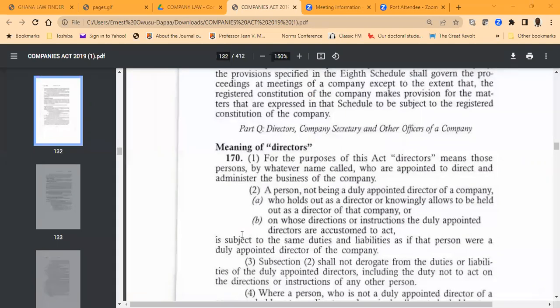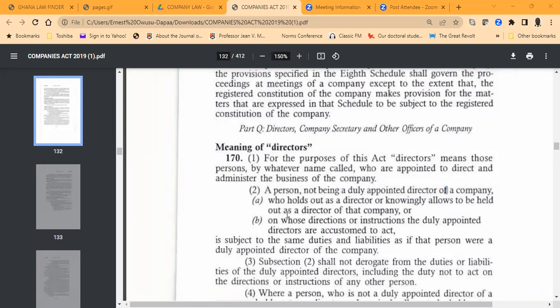So that is corporate governance. And one of the very important pillars in corporate governance discussion is officers we call the directors, and we would like to spend a bit of time discussing them.